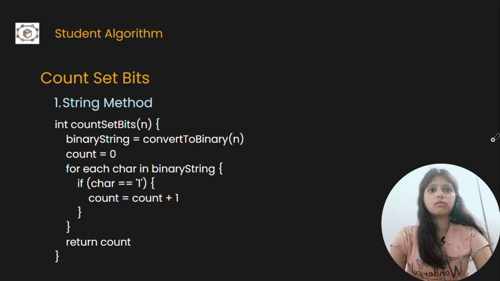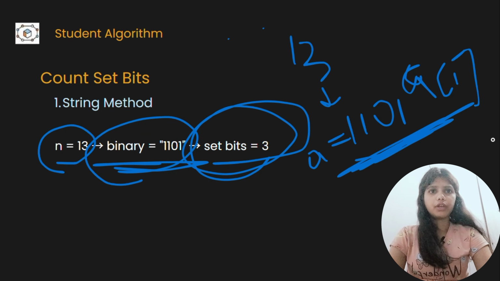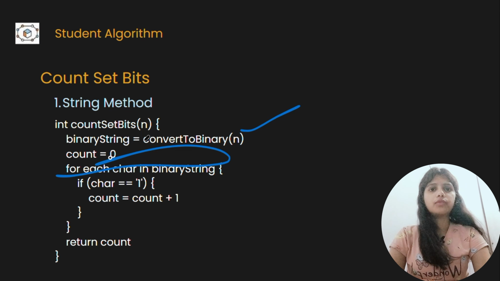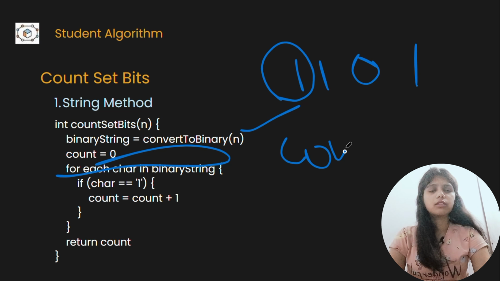First we convert that number into a binary string, and then we loop over the string. Say we have 1 1 0 1. From the start we loop over that string, and if that character is 1, then we increment the count. We loop over it with indices 0, 1, 2, 3.